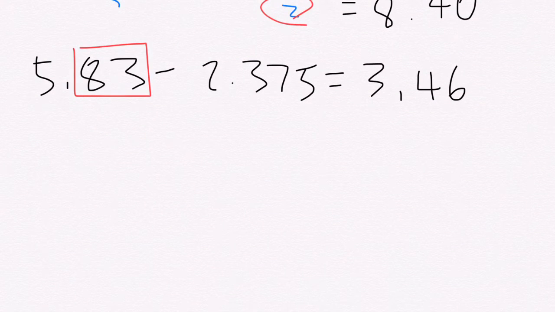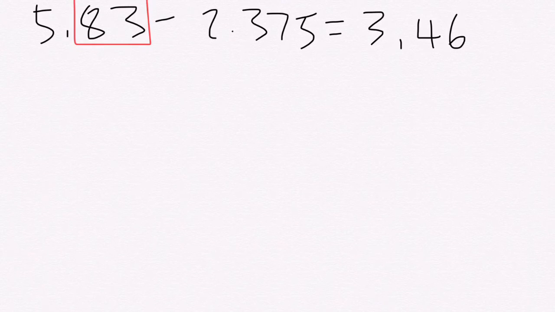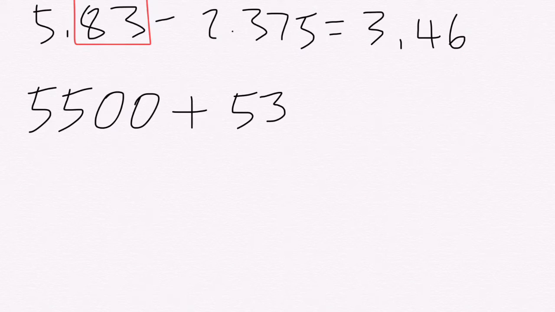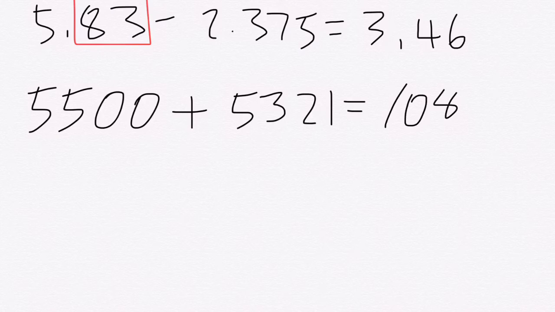Now you won't see this often, but sometimes you might have to subtract or add 2 numbers that don't have decimal places. So like that plus 5, 3, 2, 1 or something. And what you do is you just do the same thing. You just add first. And then you start looking for your first significant digit, and it's starting at the 100th place, right?